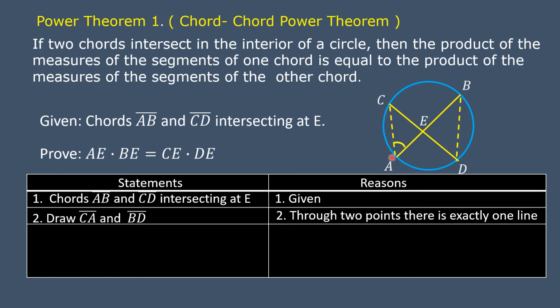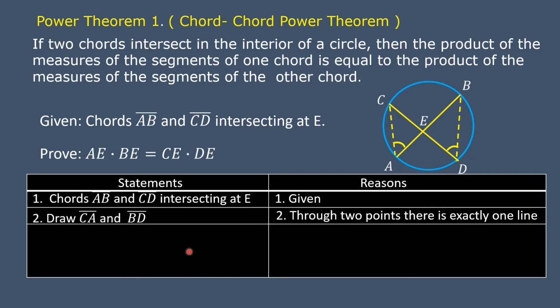Angle CAB is an inscribed angle, and the intercepted arc is arc CB. Angle BDC is also an inscribed angle, and the intercepted arc is arc CB. These two angles intercept the same arc.